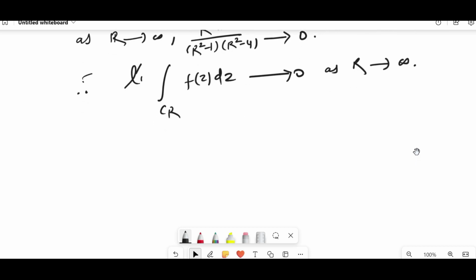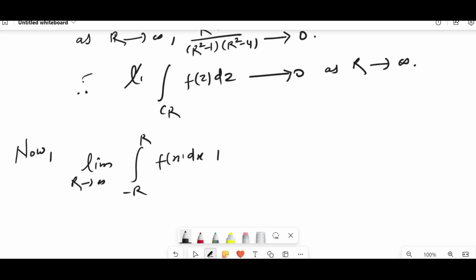So now apply the limit on both sides: the limit R tending to infinity of the integral from negative R to R of f of x dx plus the limit R tending to infinity of the integral over the curve C_R of f of z dz is equal to pi by 6.